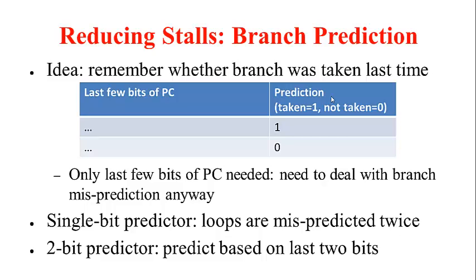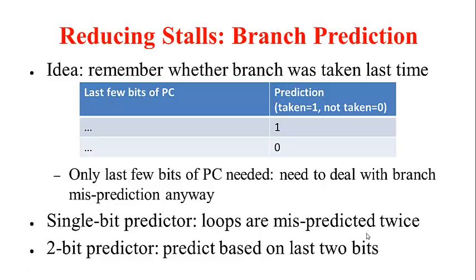In the simplest possible implementation of the branch predictor, we have a single bit predictor, that is, we simply remember whether the branch was taken or not in the previous execution. If we use a single bit predictor, loops are always going to be mispredicted twice.